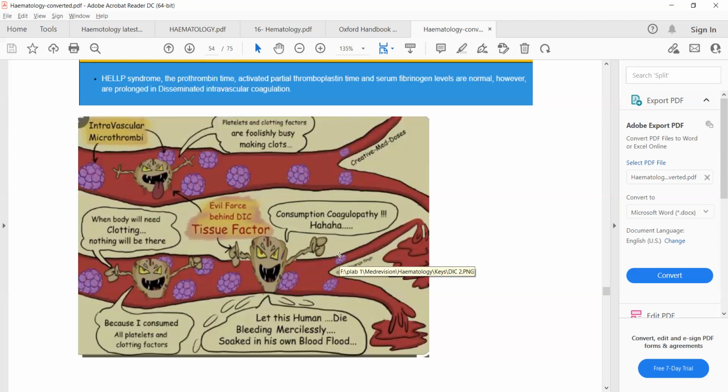Due to consumption of fibrinogen, fibrinogen will be low. And due to excessive coagulation, breakdown products of clots such as D-dimer will also be raised. So raised PT, raised APTT, raised bleeding time, raised D-dimer, decreased platelets, and decreased fibrinogen. Your diagnosis will be disseminated intravascular coagulation.